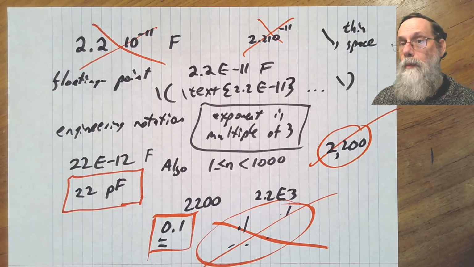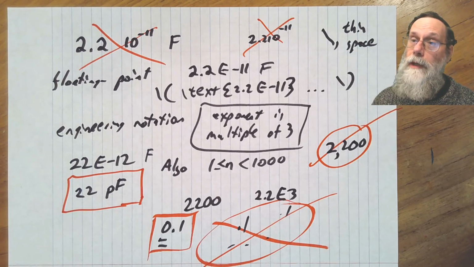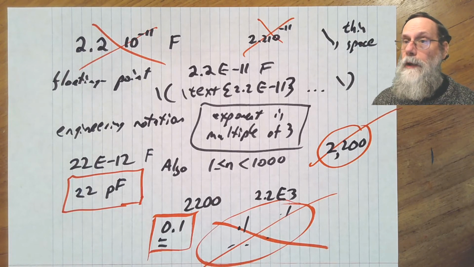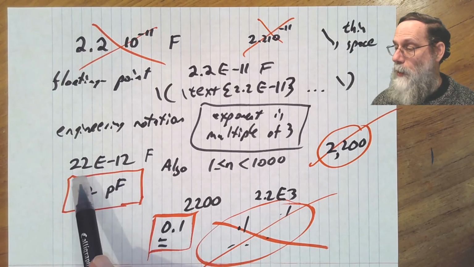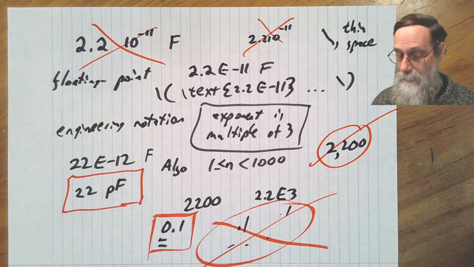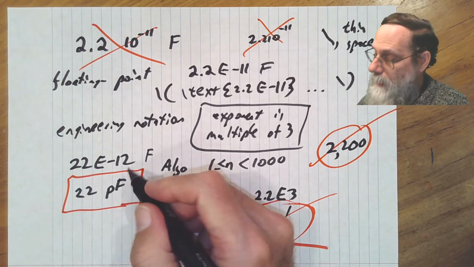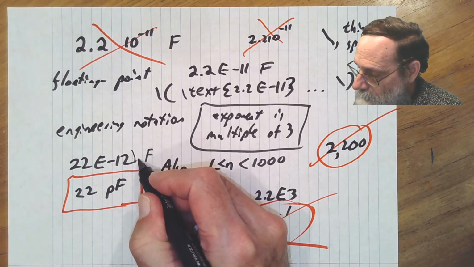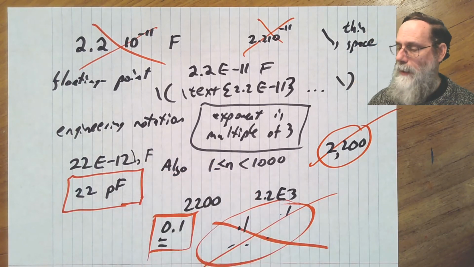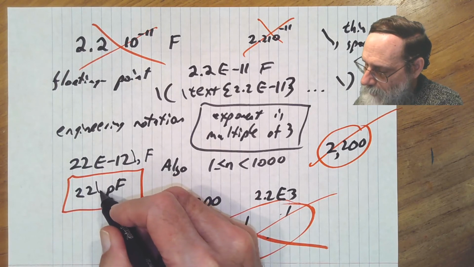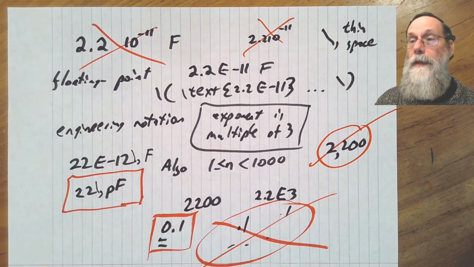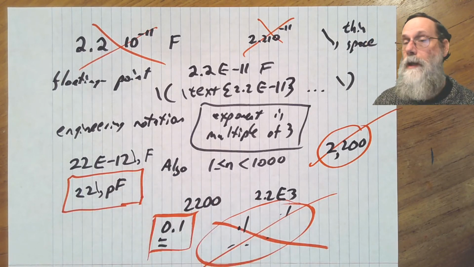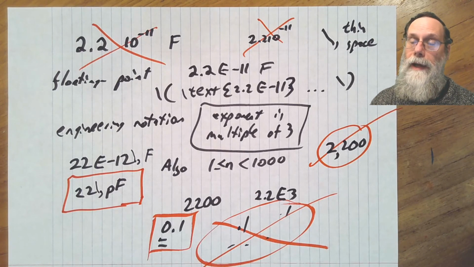And it's also used to separate numbers from units. So when I have 2.2 e minus 12 F, the way I would write that in LaTeX is with a \comma here, and 22 picofarads would have a \comma here, so that those have a thin space rather than a fat space between the number and the units.